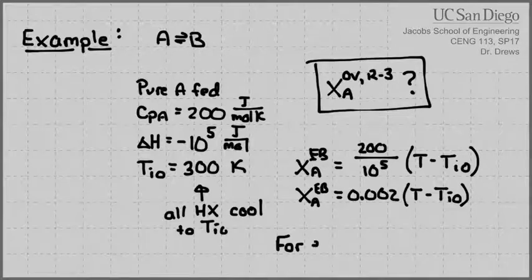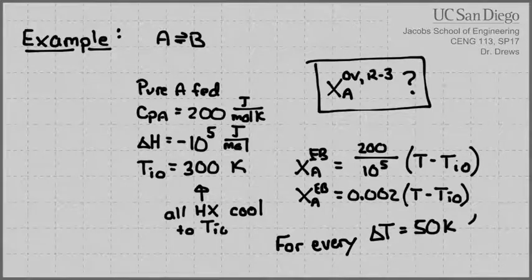For every delta T equal to 50K, if I put 50K inside here, my delta X is what? 0.1. What's the increment of X's on your y-axis? That is not a coincidence. So what this says is for every 50K I go over, I go up by 0.1, which is 1 box.